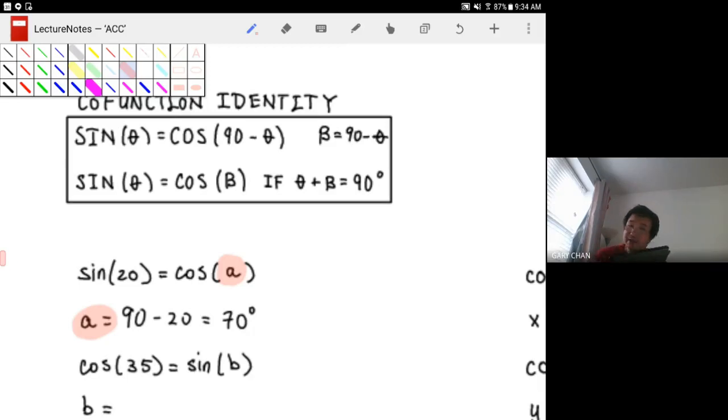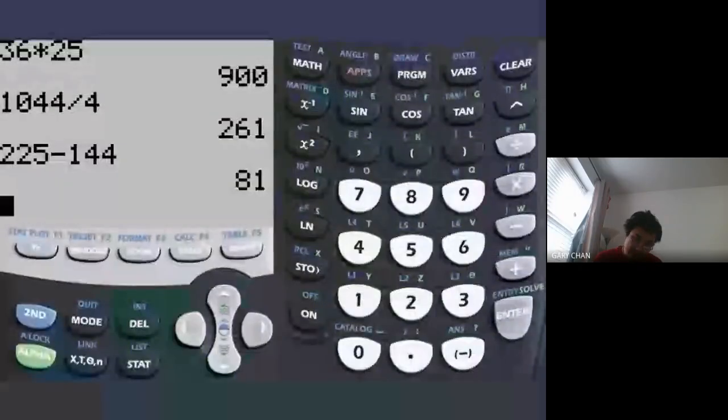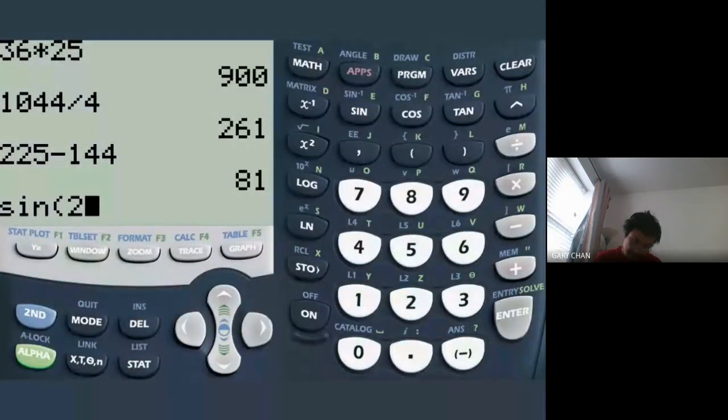Okay guys, let's do a quick check here. If you have a graphing calculator handy, I'm going to do this on the screen as well. Type in sine of 20 and press enter.